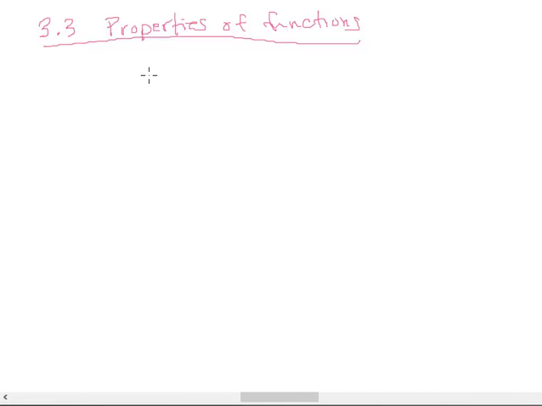We're going to talk first about increasing, decreasing, and constant functions and how you can identify that. So let's start with a couple of definitions.